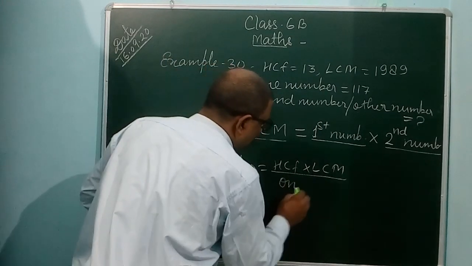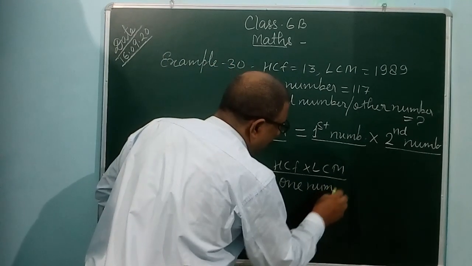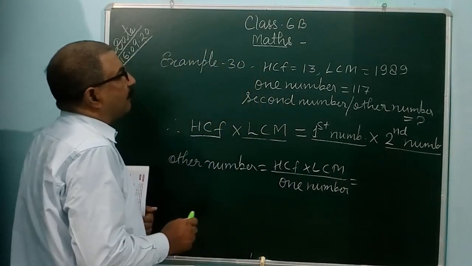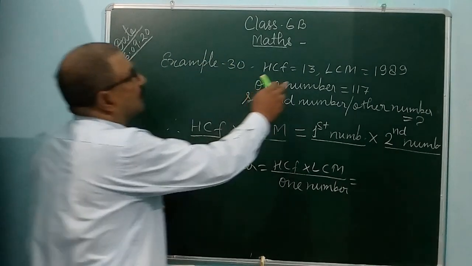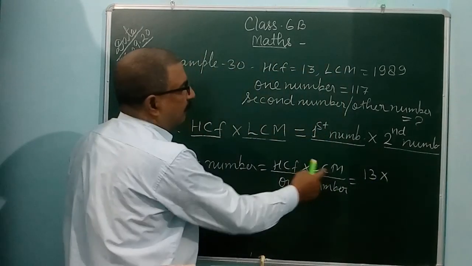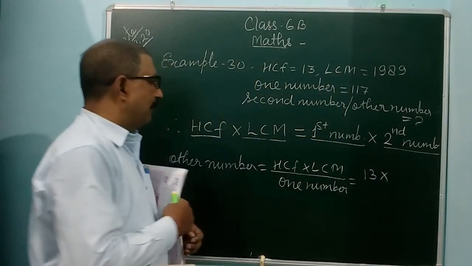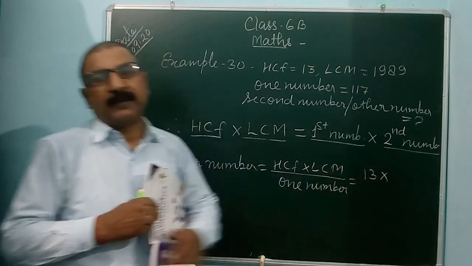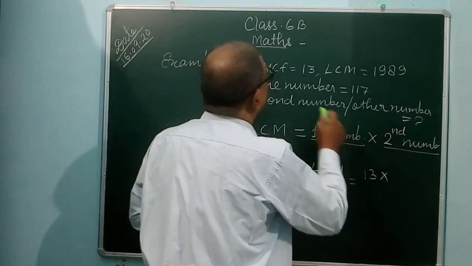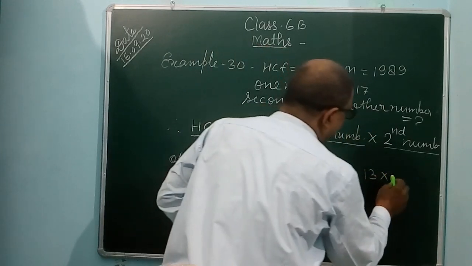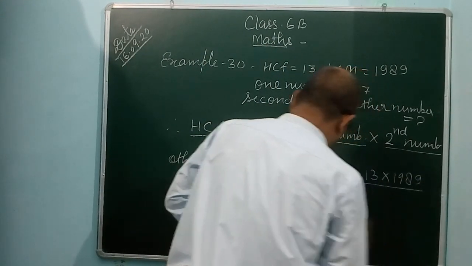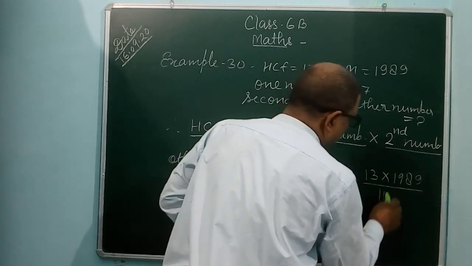One number means the given number. After that you can set HCF is 13 multiplied by LCM 1989 upon one number, which is given as 117.